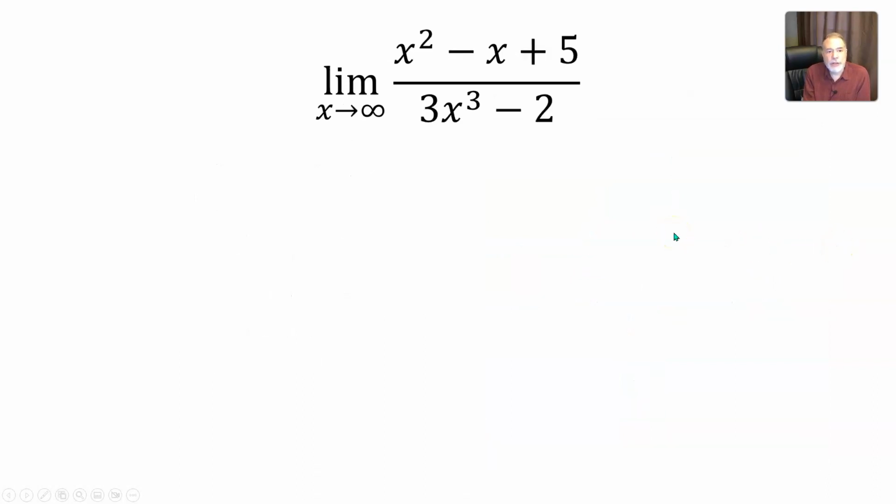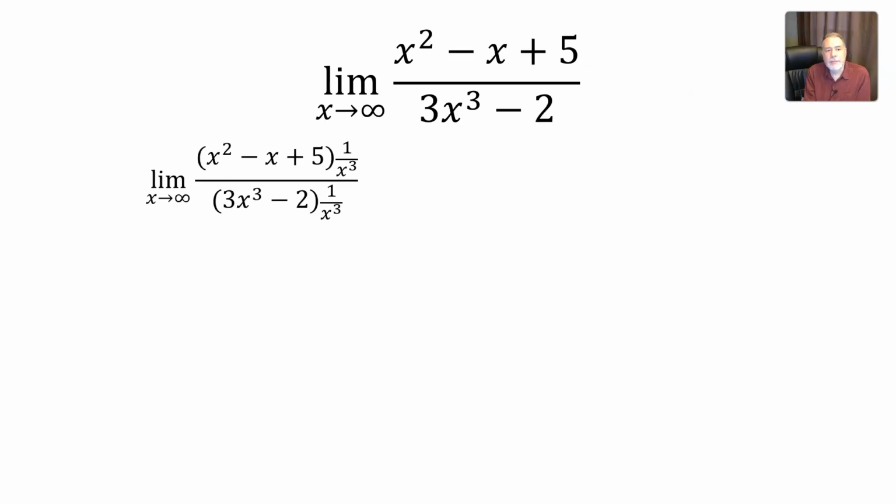Now what about this one? The limit as x approaches infinity of x squared minus x plus 5 over 3x cubed minus 2. I'm going to divide everything on top and on the bottom by the same thing, x cubed. Or you can think of it as multiplying through by 1 over x cubed.